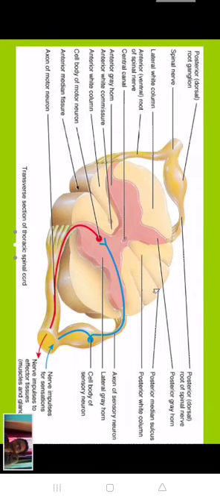The portion between the posterior median fissure and the posterior lateral sulcus is the posterior white column. The middle portion between the posterior lateral sulcus and the anterior lateral sulcus is called the lateral white column. And the portion between the anterior median fissure and the anterior lateral sulcus is called the ventral white column or anterior white column, right?